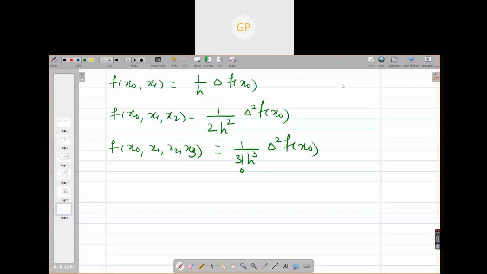Just check. So this 2, can I write as 1 upon 2 factorial? Yes, ma'am.